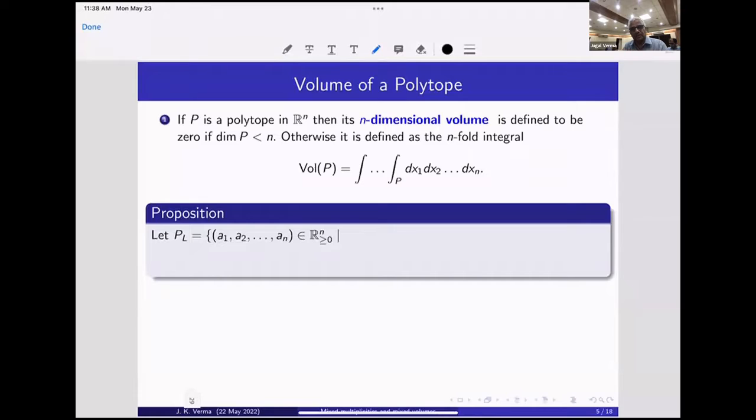A polytope is a convex set, so between any 2 points, the line segment completely lies in P. What you do is extend this line segment to a full infinite line. So there is this set in the Euclidean space obtained as the affine hull of P, and any affine set has a dimension. It's a translate of a subspace of Rn, and the dimension of that subspace is the dimension of the polytope.